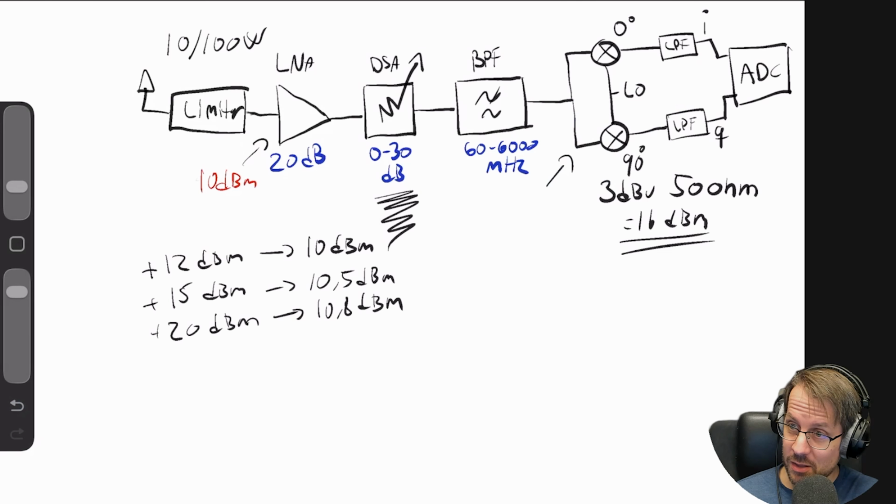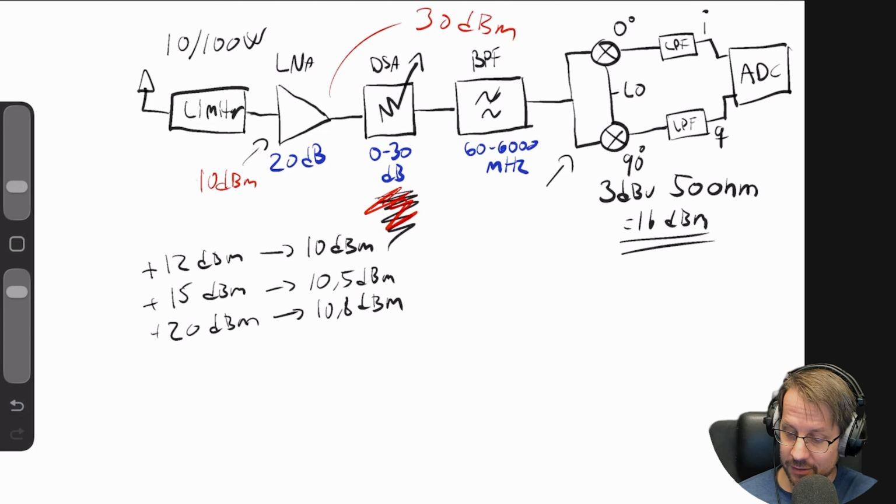So that would theoretically mean, if the preamplifier could handle such strong signals that it didn't compress, that would be 10 dBm plus 20. That would mean theoretically, if you didn't use your internal attenuator, that the signal would be 30 dBm, right? And enter the IQ-Demodulator and possibly break it.